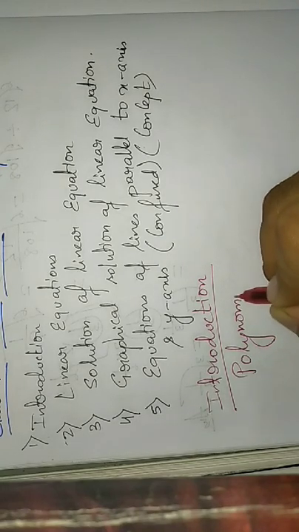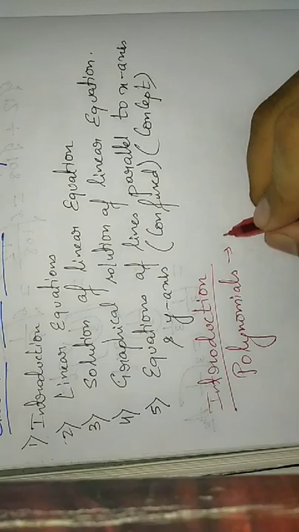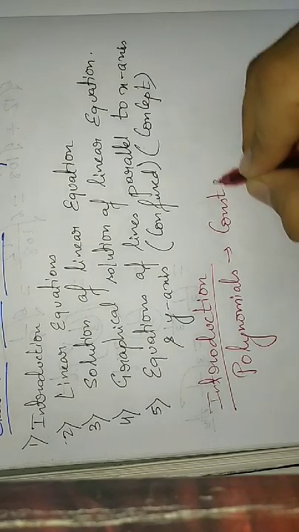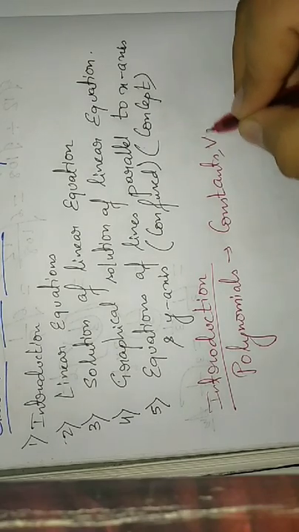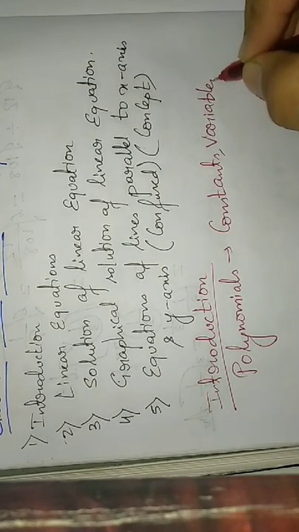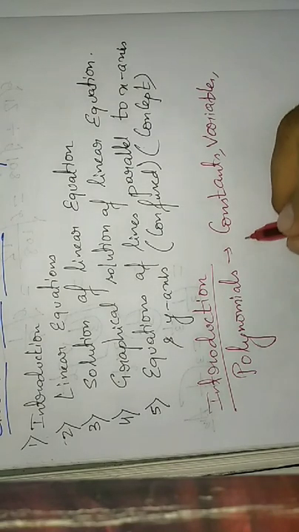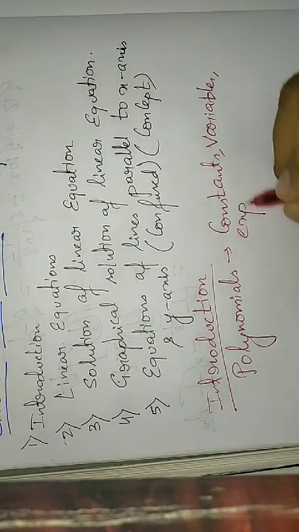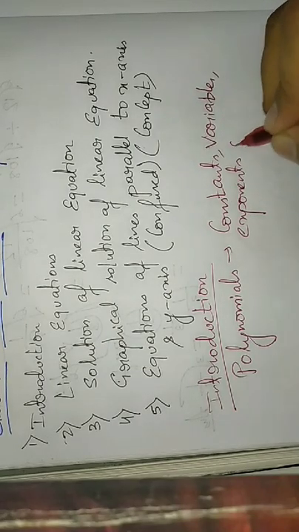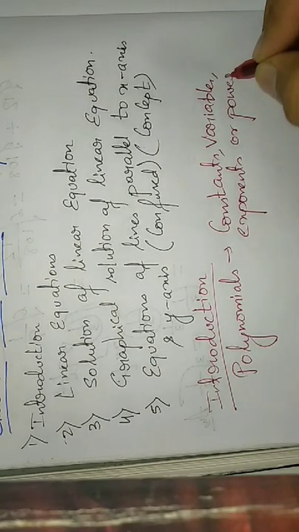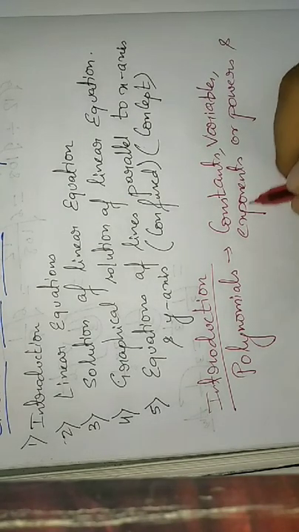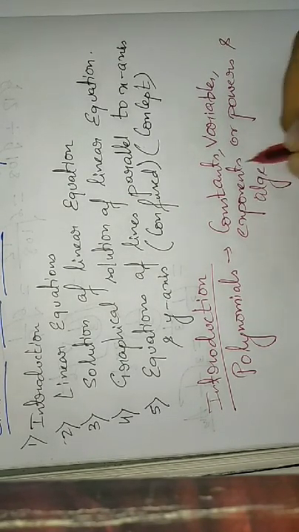We read a chapter polynomials, and there we read about constants, variables, powers or exponents, and algebraic expression. So let's talk about this. We'll just zip through with constants.